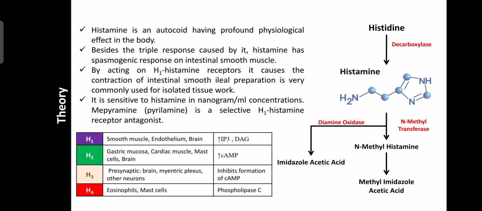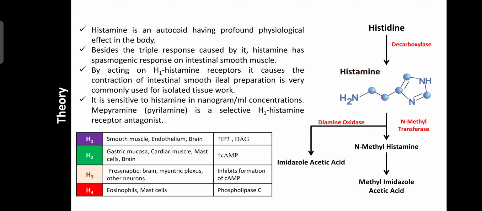So regarding theory, already you know histamine is a local hormone or autacoid having profound physiological effects in the body. Histamine is mainly involved in the causes of inflammation, hypersensitive reactions and allergic reactions, and also shows the triple response of inflammation. Histamine also shows spasmogenic response on intestinal smooth muscles.